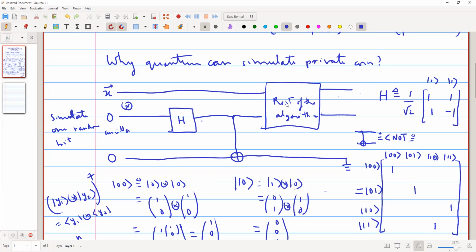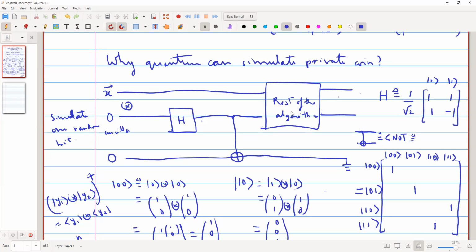But what type of classical algorithm? Remember when we were doing the data processing inequality, I said it's a classical reversible algorithm. A classical reversible algorithm is just a permutation of bit strings. So it's a unitary operation, because it's a permutation matrix, and it fits into our unitary model.